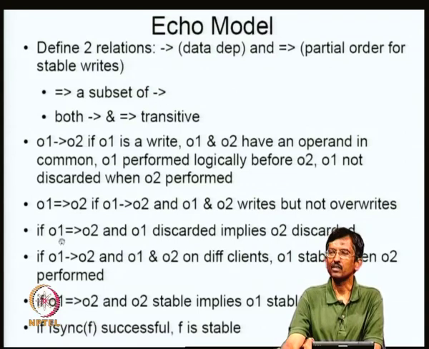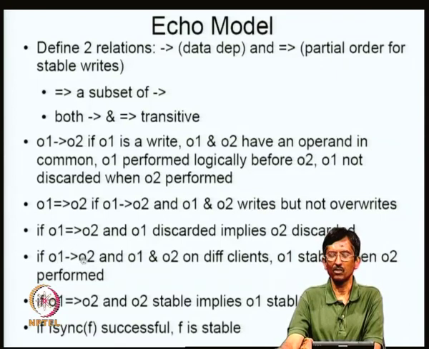And this one is there precisely because we are talking about stable writes. If O1 has been discarded, it better be that O2 will also be discarded. It's very critical. If O2 does not get discarded, that means again there is some inconsistency in the system. Essentially, somebody has unrolled O1 if that happens, which is not what we wanted.